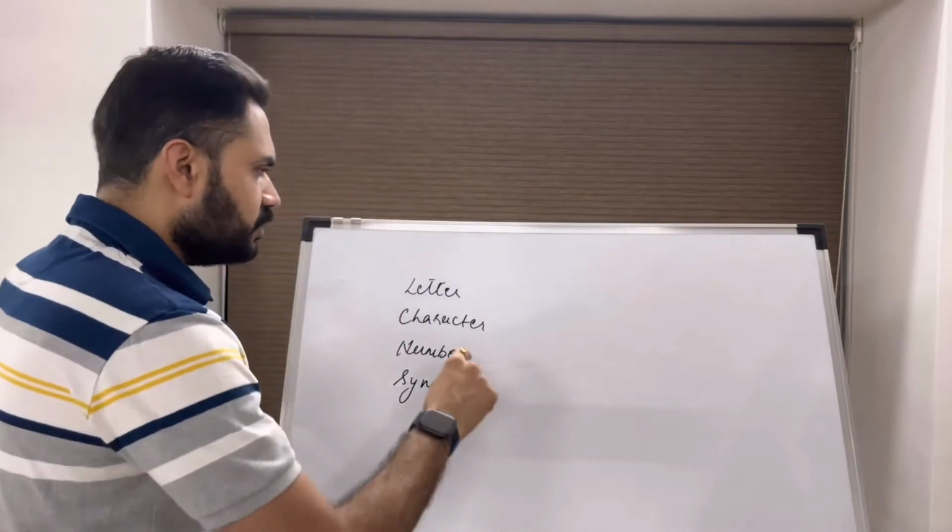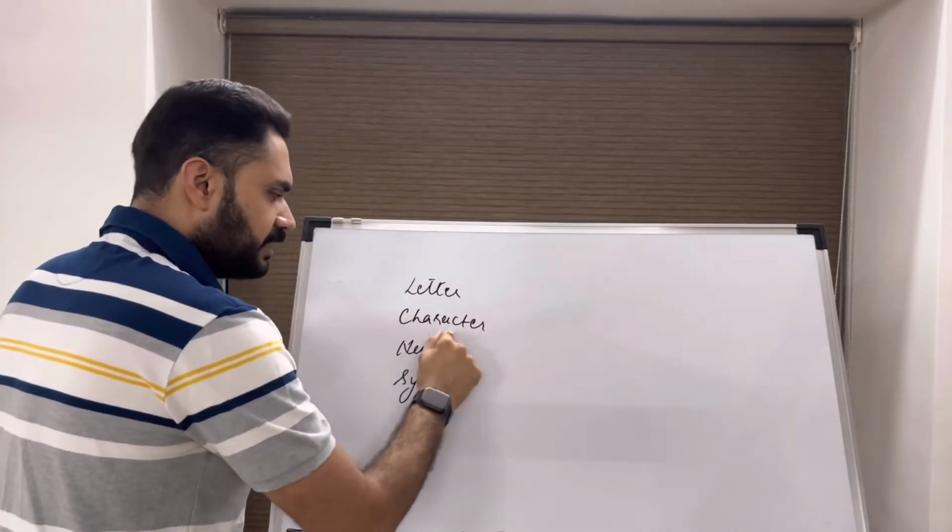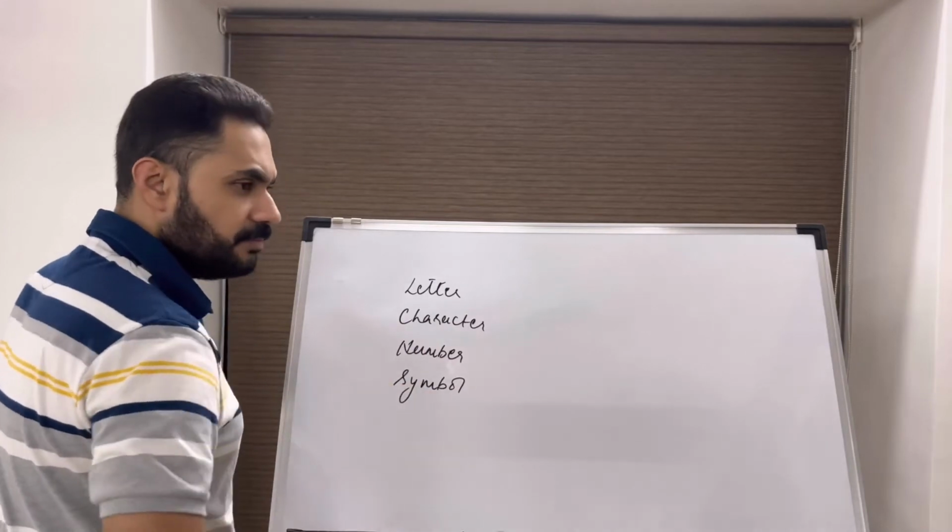Next is electronic signature. As per ISP, the meaning of electronic signature is that you are trying to authenticate something. That authentication can be through a letter, character, number or some symbol.